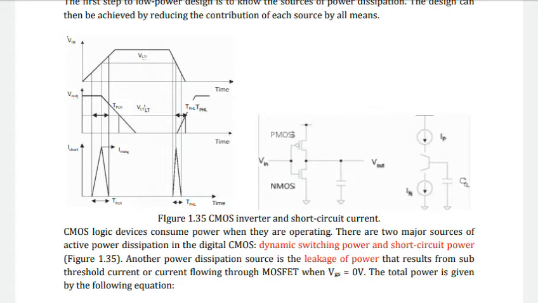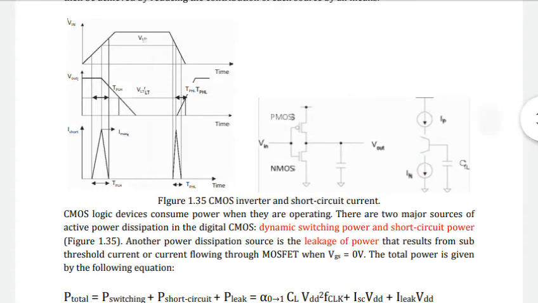Another power dissipation source is the leakage power that results from the sub-threshold current flowing through the MOSFET. So in CMOS technology there are three sources of power dissipation.